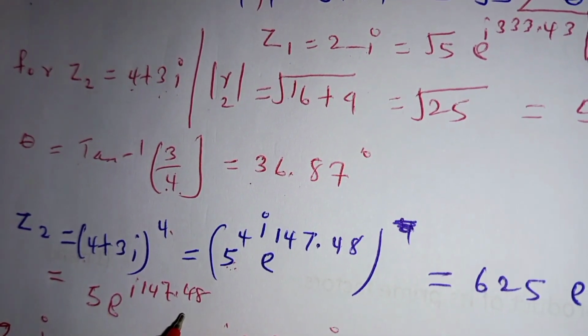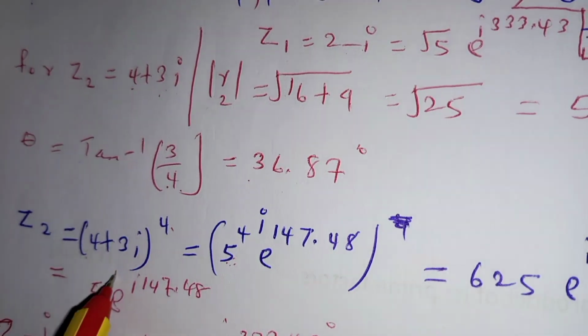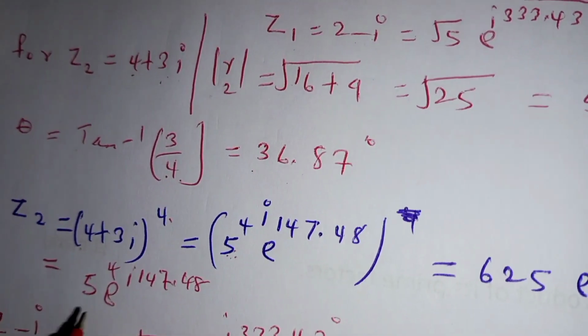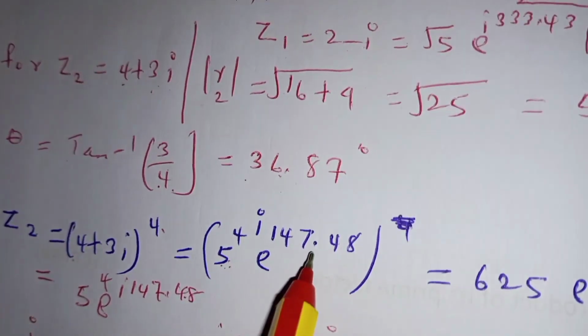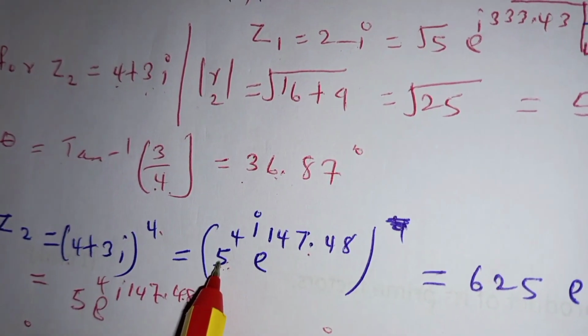We multiply this angle by 4 so that we obtain 147.48, and 5 power 4 is 625.